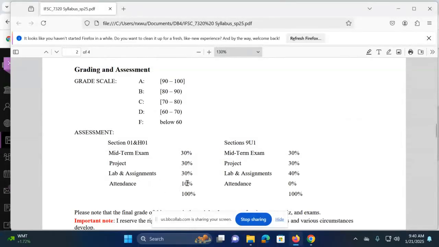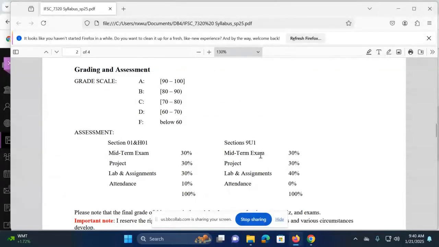Then attendance is 10%, that's for the section H01 students. Attendance is counted either if you come to the physical classroom or join the live classroom, but it should be in real time, during the class time.